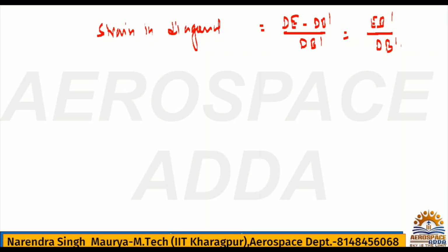And this DB dash is nothing but the original length. If the body is not deformed, then DB dash will be DB only.